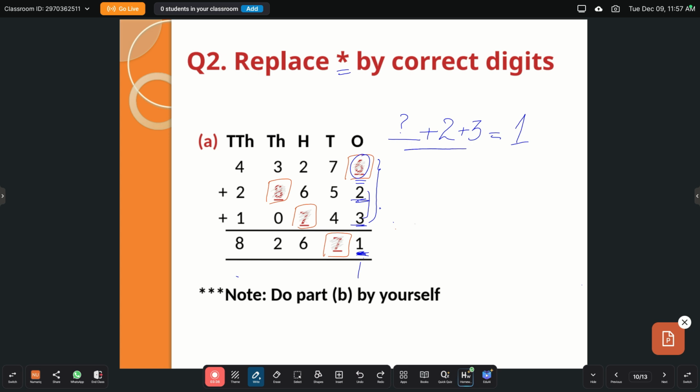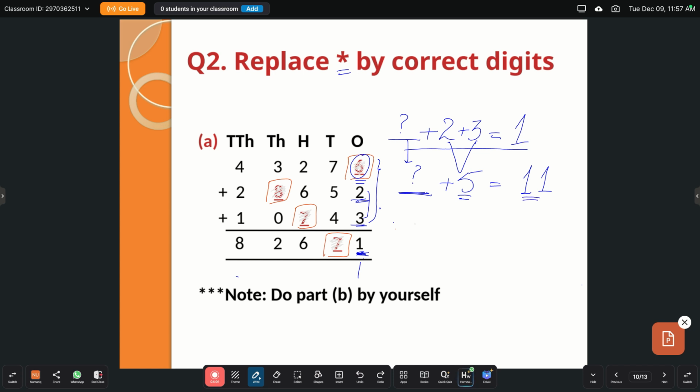Okay, so let's see here. We have here two addends now, that is 2 and 3. I will add these two first. What is 2 plus 3? It's 5. Here it is a missing digit. I told you that it can't be 1, it will be 11. You have to now find this missing addend. Tell me beta, what shall I add to this 5 so that my sum is 11?